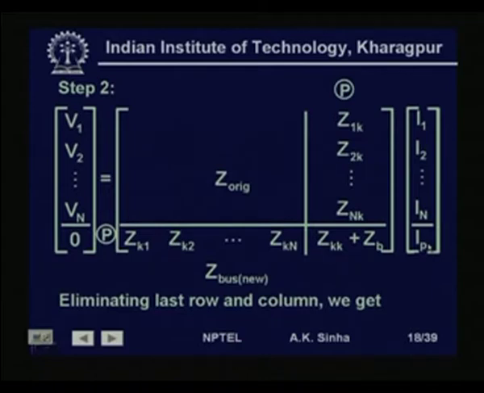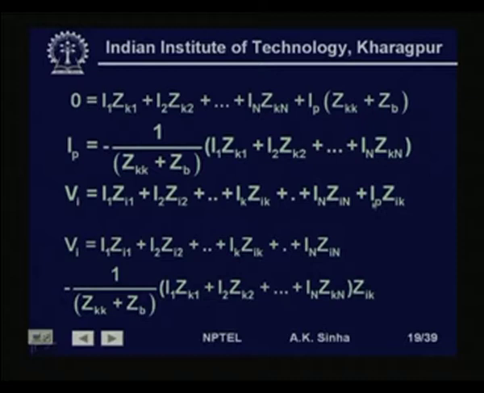That is what we are getting here. Now, we know the value of Ip from here. So, we can write Vi is equal to all this term plus Ip into Zik.